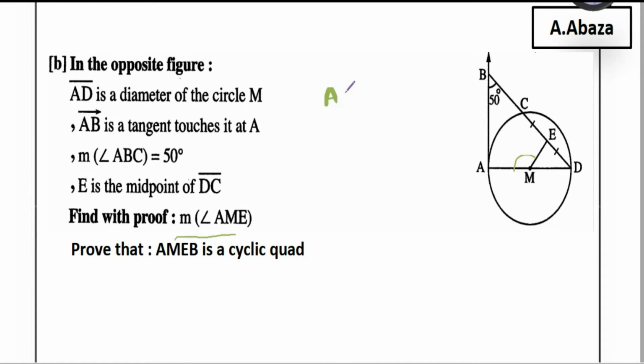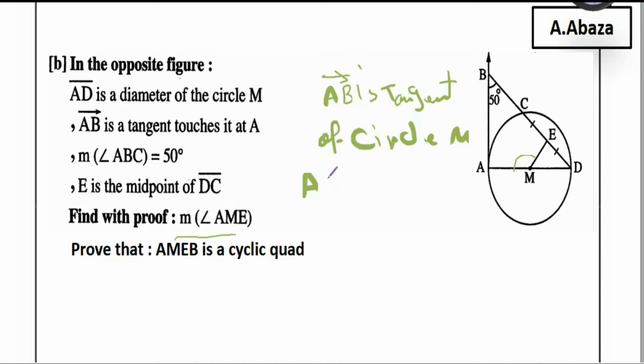At the end point of the diameter AD. So what is the measure of the angle A? Yes, it is 90 degrees, since AB is a tangent and AD is a diameter of the circle.